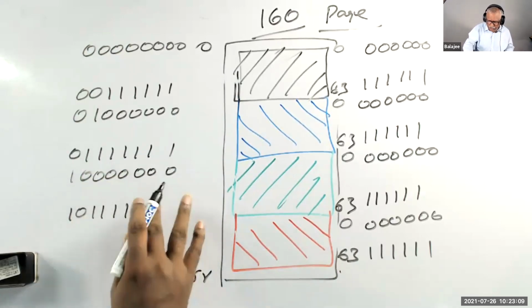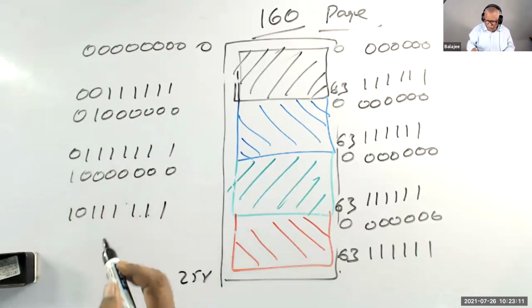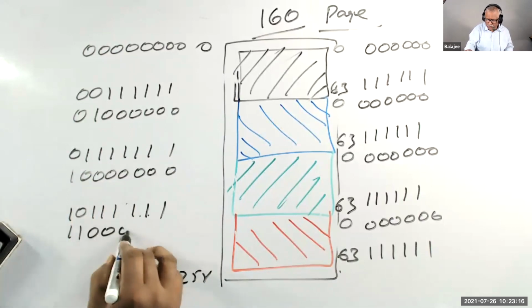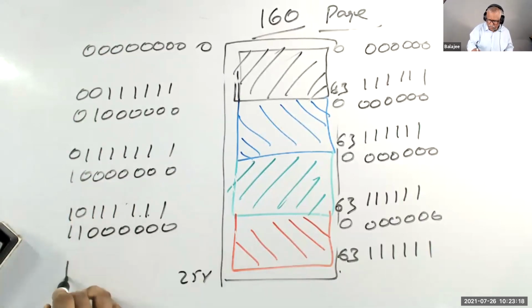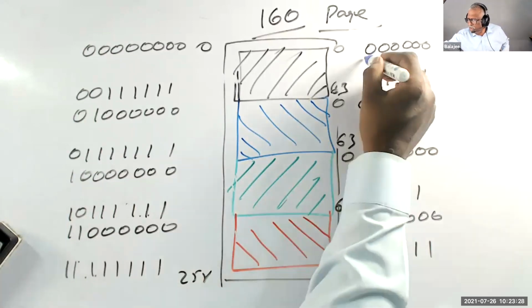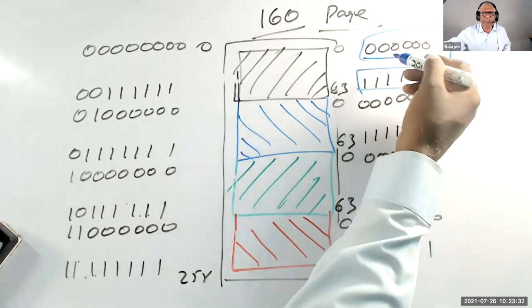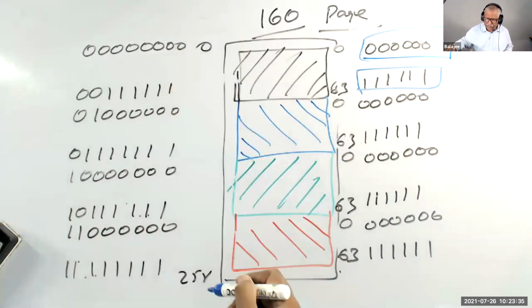I know it will be confusing, but you have to learn binary. I told you in the class itself. 1, 1. But if you notice here, one small thing you will find out. This is only 6 bits because this notebook has only 64 pages, but this is 256.